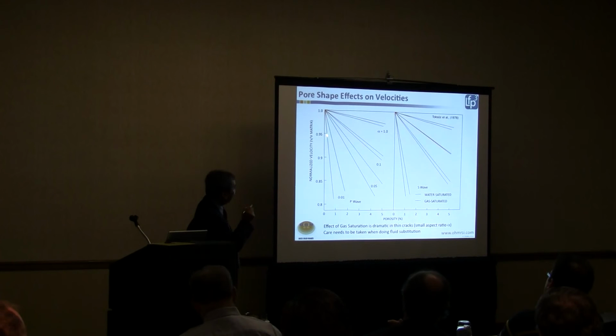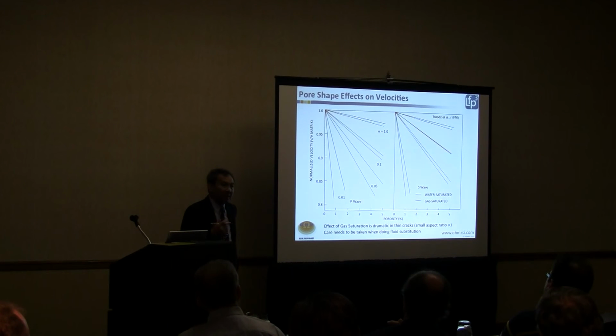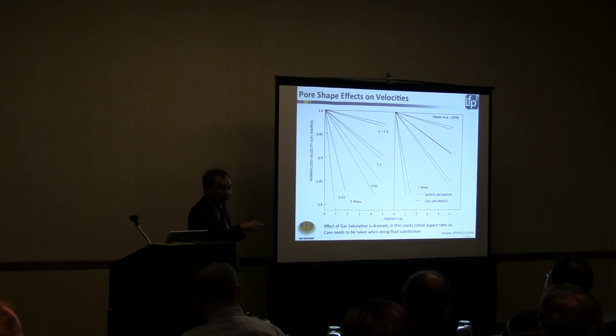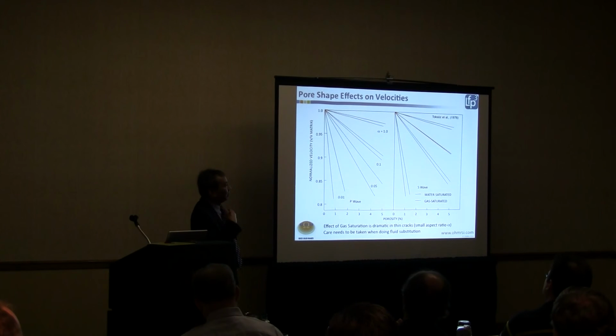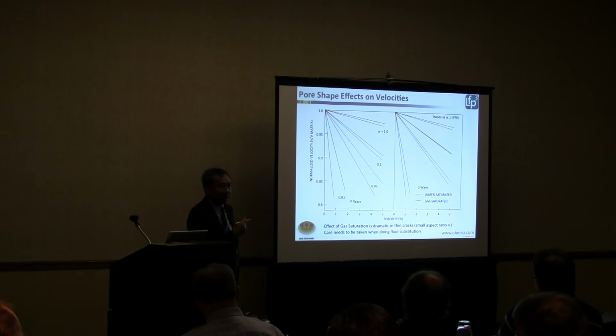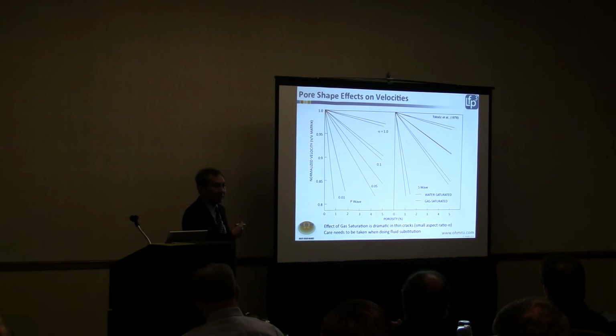And when you have gas saturation, which is the red line, it actually changes even more. So it's very sensitive to fluid substitution, and a little bit of these cracks actually change your modulus and velocity behavior quite a bit. So yes, we need to start adding in these layers of complexity, but we have to be careful and learn how to use it and constrain it, because otherwise we'll get the wrong answer.